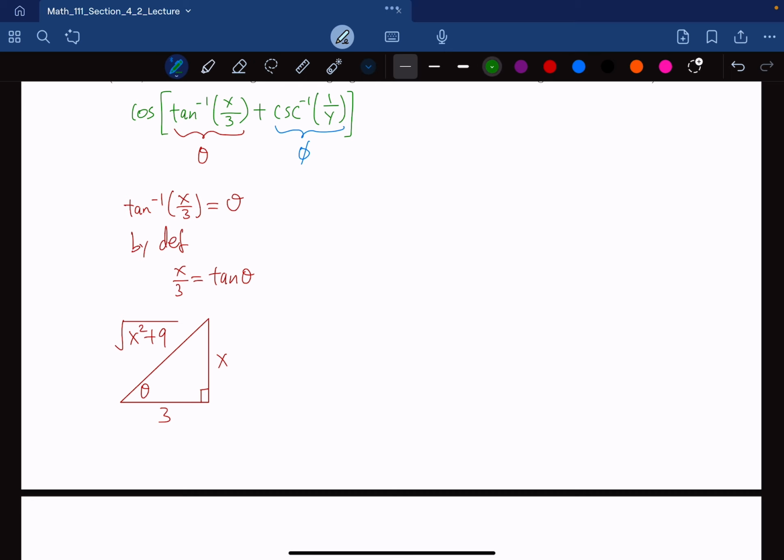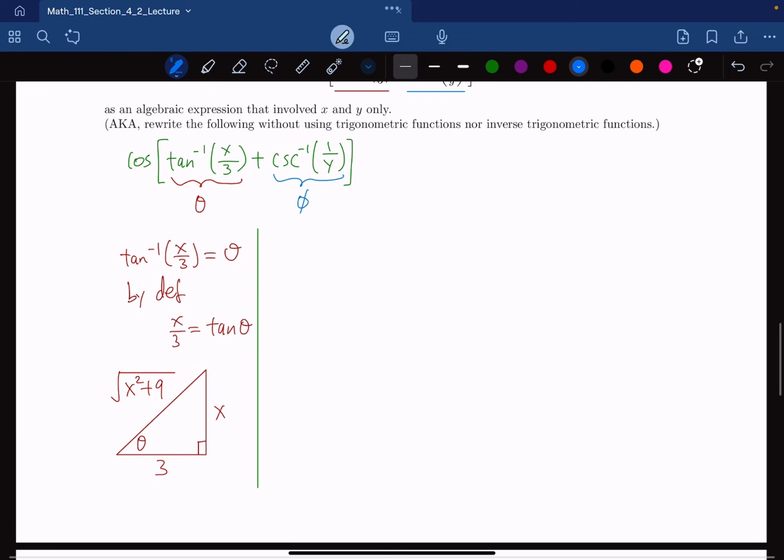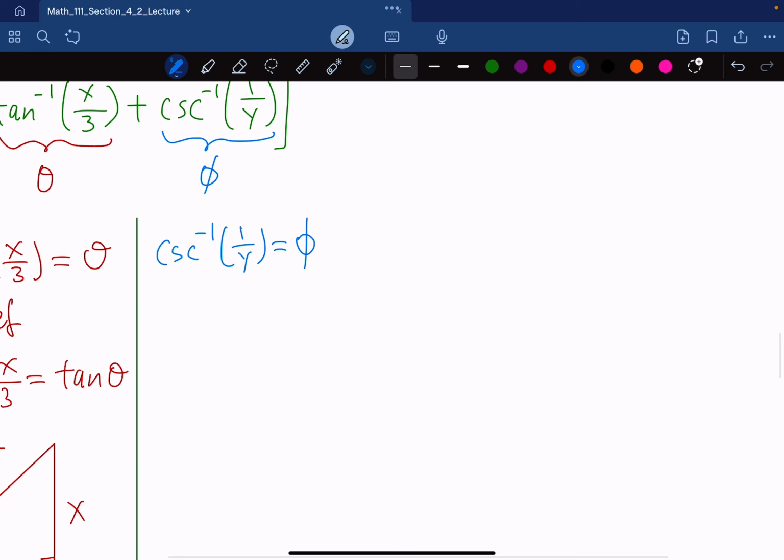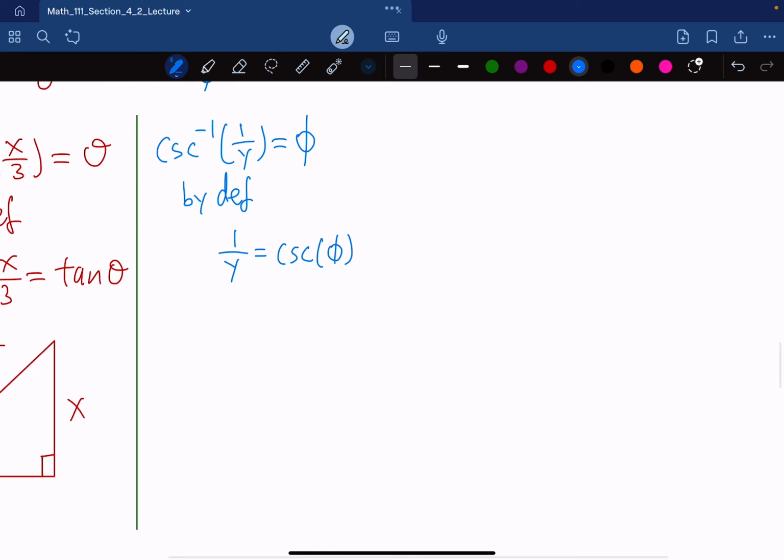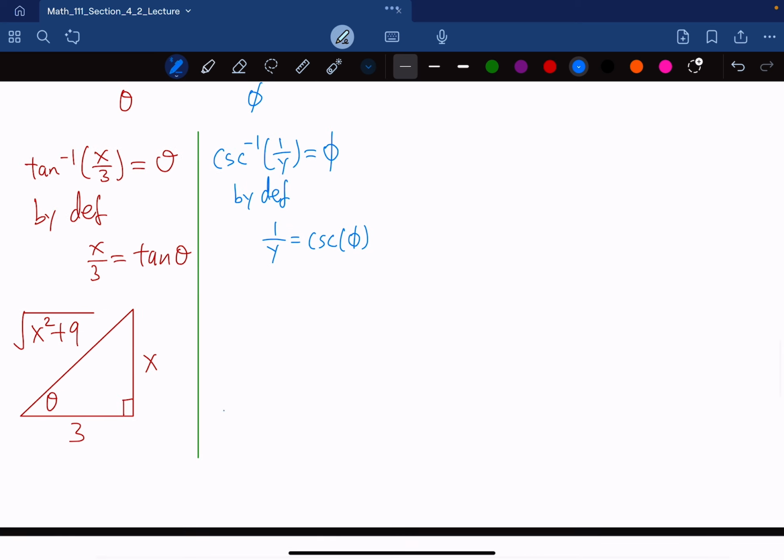Similarly, I play the same game with phi. So we have cosecant inverse of 1 over y equals phi. And then here, by definition, 1 over y equals cosecant of phi. Drawing these award-winning triangles.